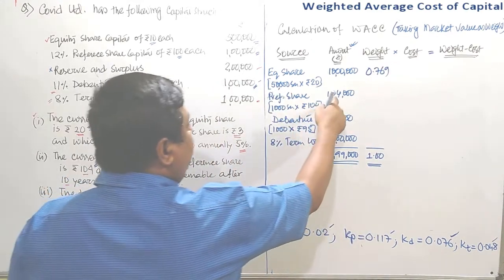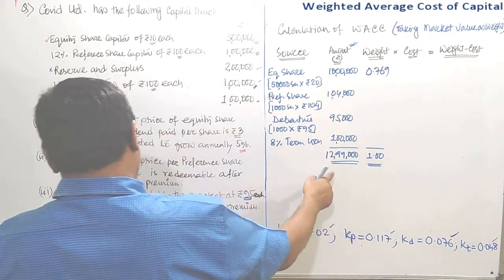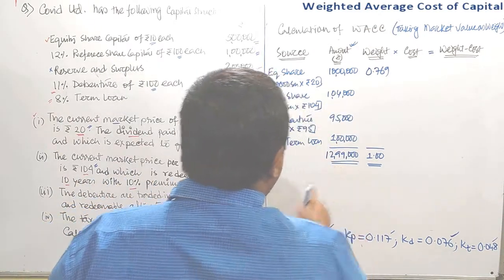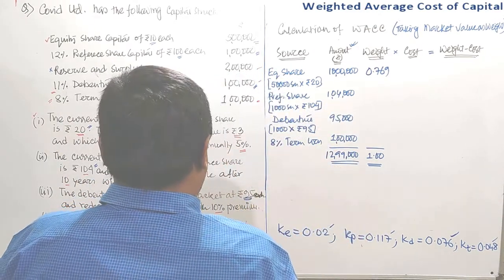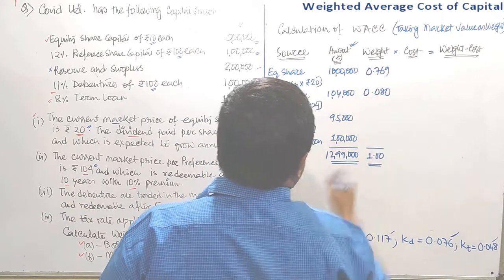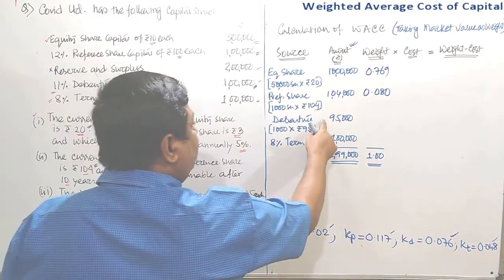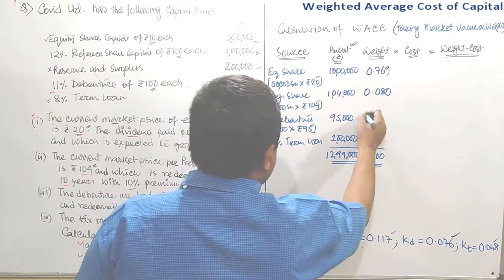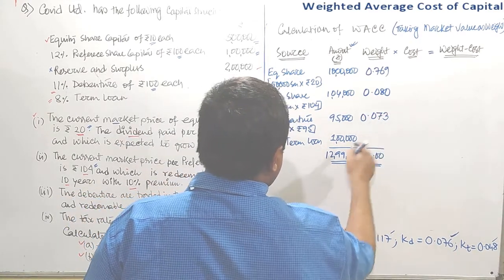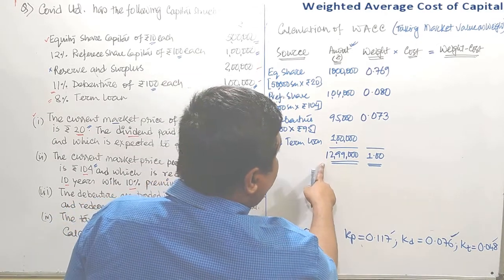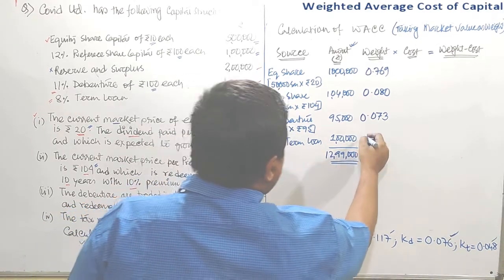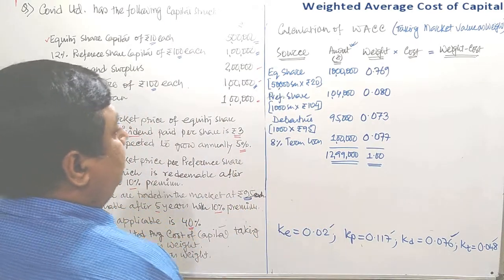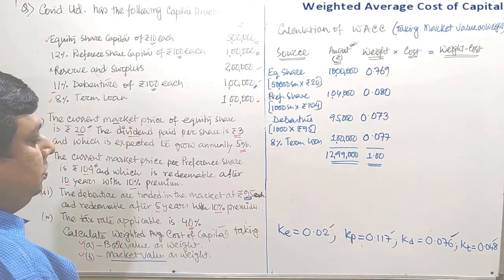Then 1 lakh 4 thousand divided by 12,99,000, we get 0.080. 95,000 divided by 12,99,000, we get 0.073. 1 lakh divided by 12,99,000, we get 0.077.